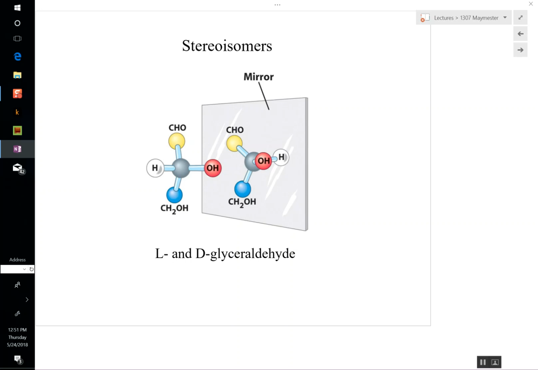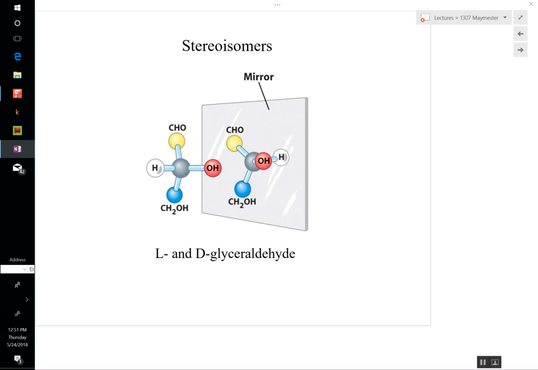When you have a carbon like this that has 4 different things on it, now look, come on over here. I take this molecule, I got the aldehyde at the top, that's superimposable on itself. I've got the CH2OH, it's superimposable on itself, but look at the hydrogen falls on the OH, falls on the hydrogen. The middle carbons, the stuff that's on there, are not jiving.